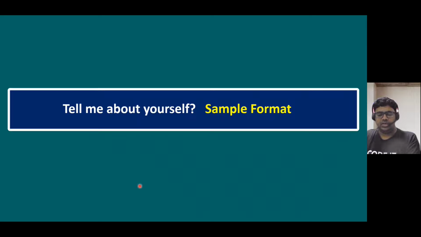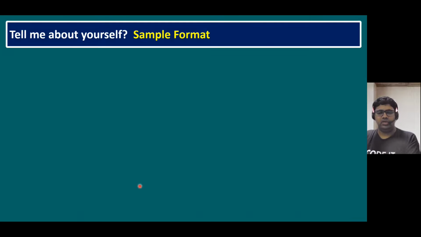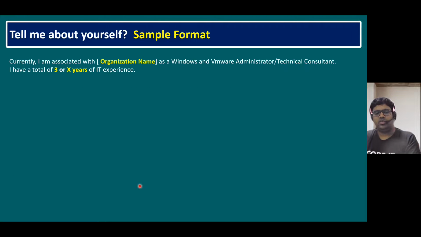So, "tell me about yourself," sample format. In this sample format, the first key point is that in any interview, we start with our organization name, like "Currently I'm associated with so and so organization." You also mention your actual designation or role.